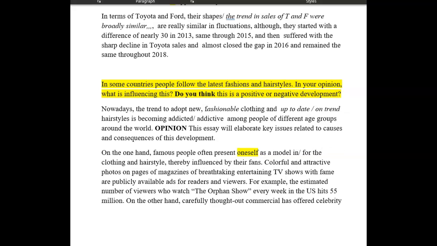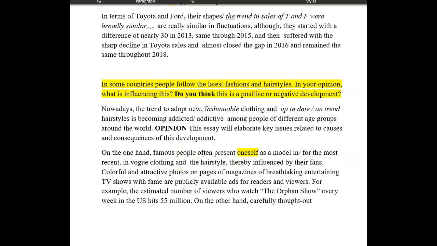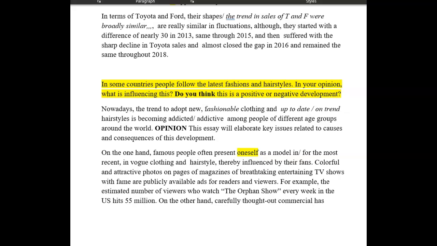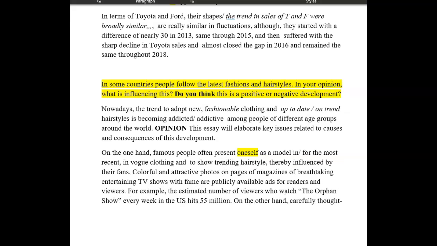the most recent in vogue, you could say, clothing and as a model for the most recent in vogue clothing and to show trending hairstyles, something like that.